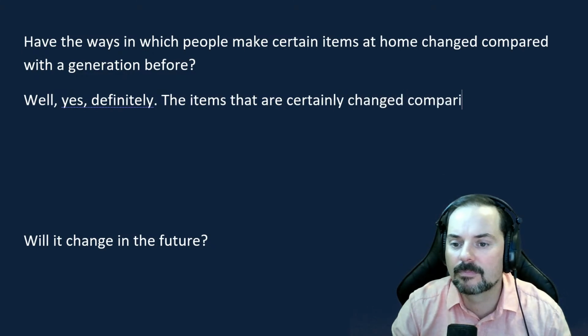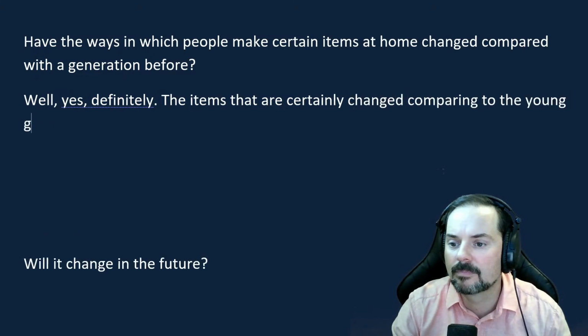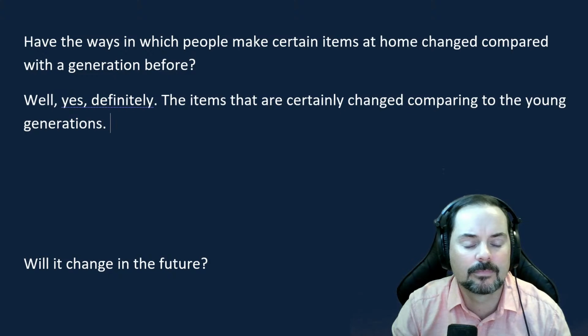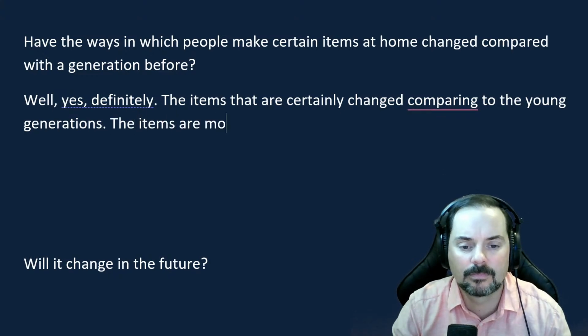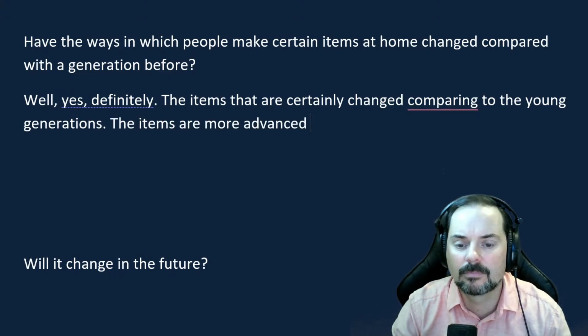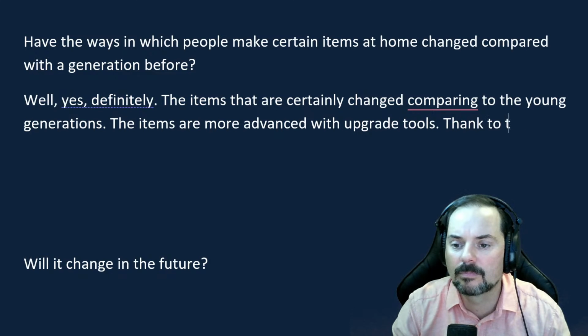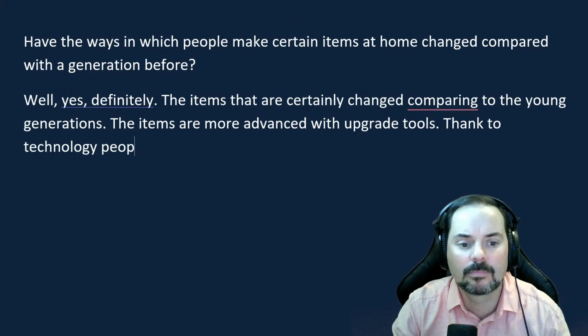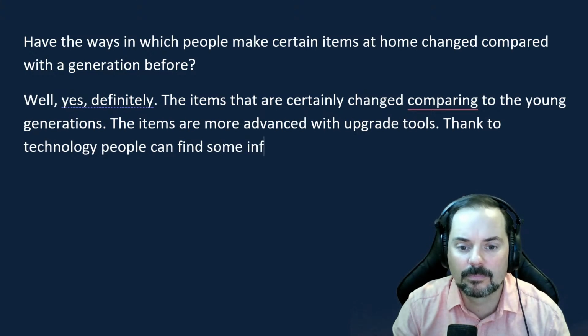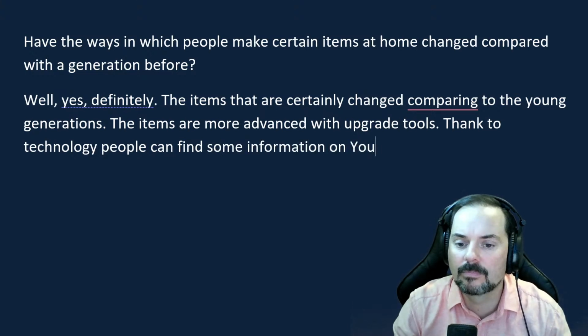The items are more advanced, with upgraded tools and more modern stuff, and thanks to the modernization of technology, people can find suggestions and strategies on YouTube or the internet, and find new ways of making the items themselves.